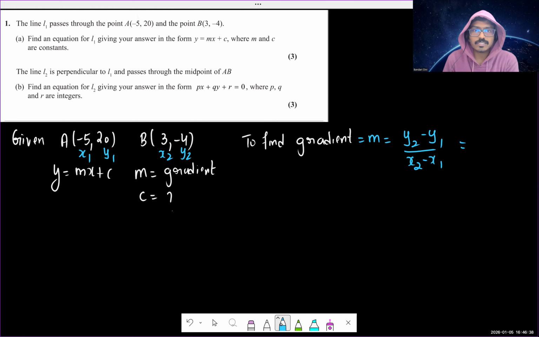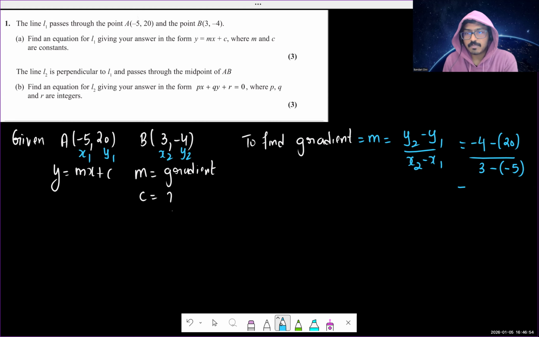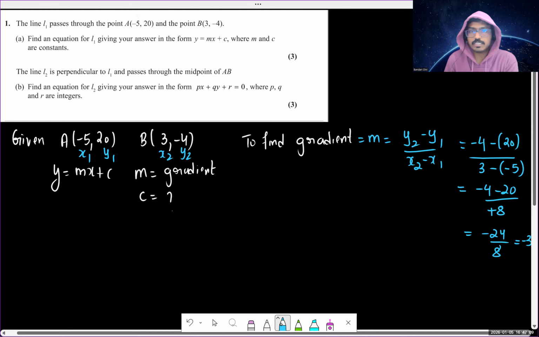Our y2 value is -4, y1 is 20, x2 is 3, and x1 is -5. Upon solving this, we obtain (-4 - 20) over (3 + 5), which is -24 over 8, which is -3. So our gradient is -3.